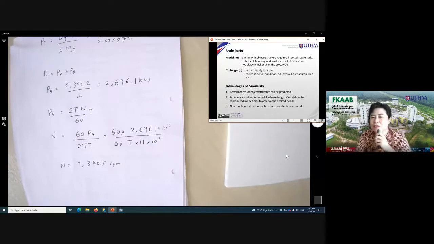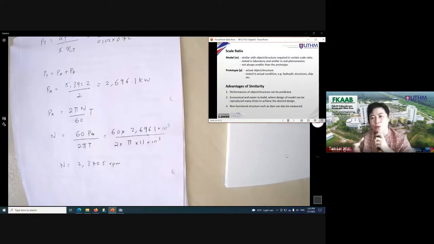Why do we have this similarity analysis? Of course, it saves cost, time and labor, and you can predict the performance of an object or structure. You don't have to build a huge, real-dimension ship just to test it.